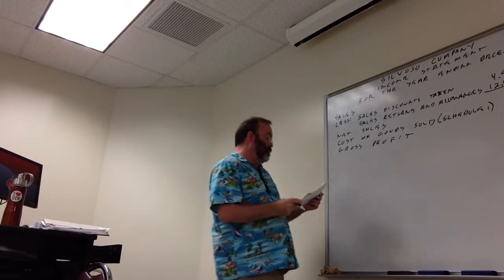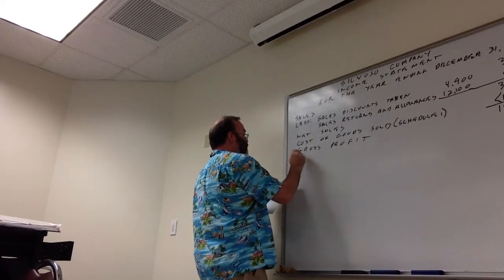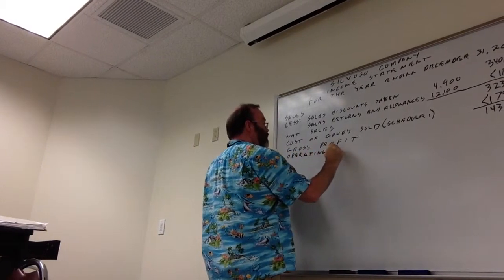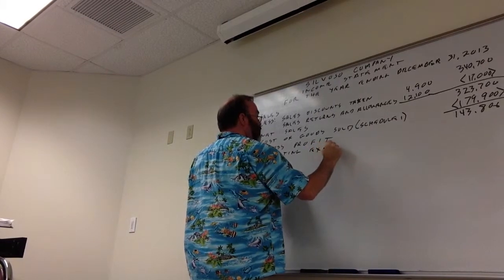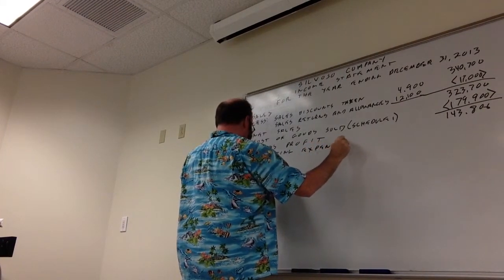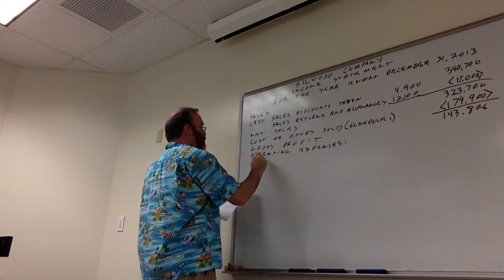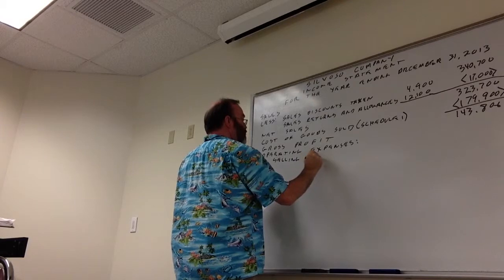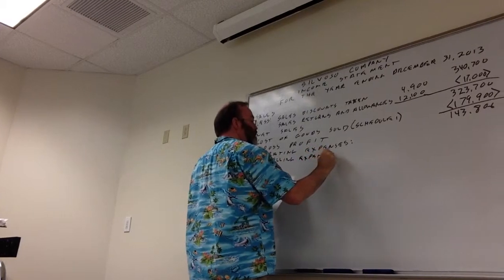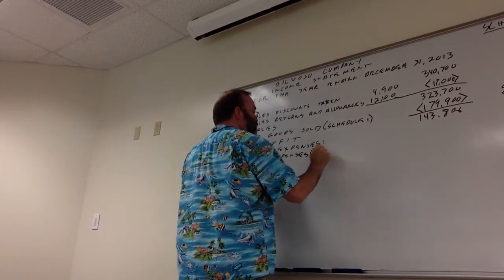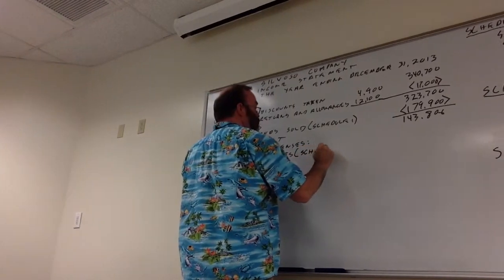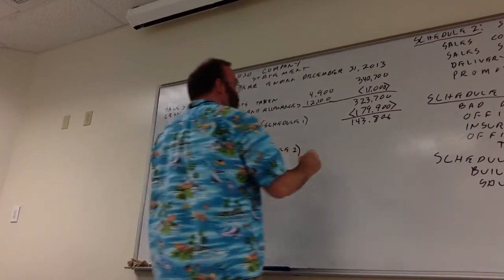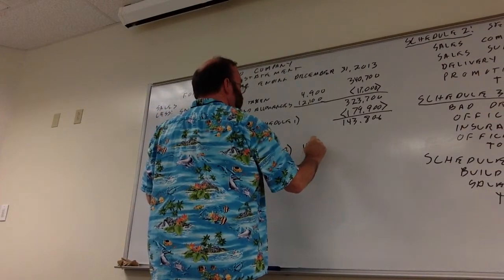From the first of the subtotals, gross profit, we're going to subtract operating expenses. We got selling, which is Schedule 2, of 48,500.